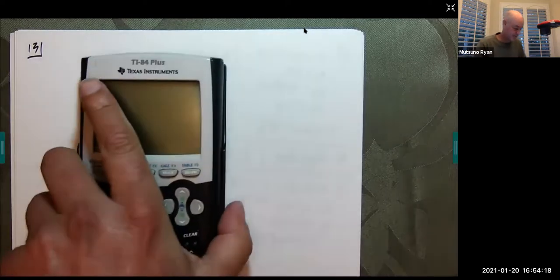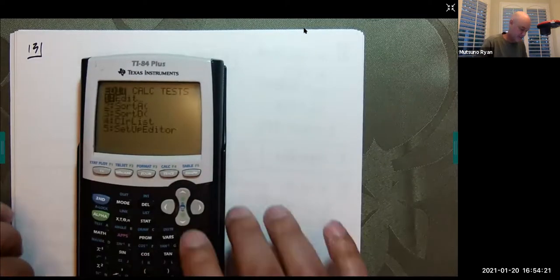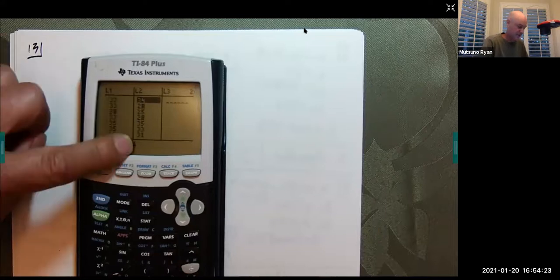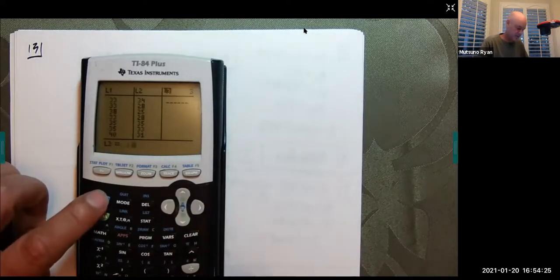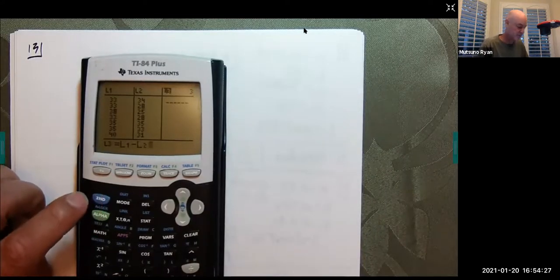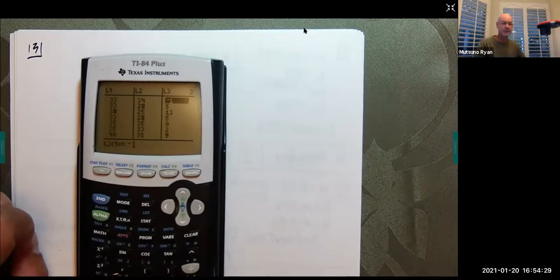And these are 10 different families tested for the number of gallons of water a day they use before and after watching a conservation video. Notice we're constructing a 90% confidence interval. And I'm going to go ahead and do my little trick again. Stat. So I put list 1 and list 2. And for list 3, I'm going to do L1 minus L2. That finds the differences for all of that.